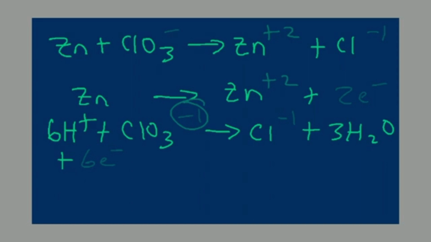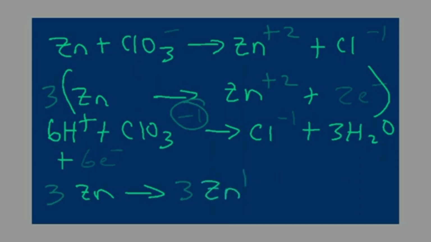Now the next thing that we need to do is make sure that the electrons in each reaction are equal. So we need to multiply the first half reaction by 3 so that we can get 6 electrons. So it's going to turn into 3 zinc atoms, giving 3 zinc 2+ ions and 6 electrons.